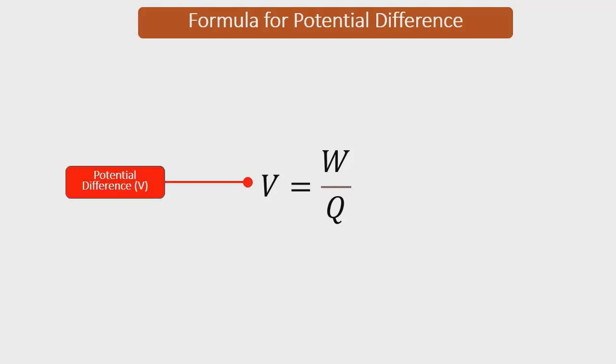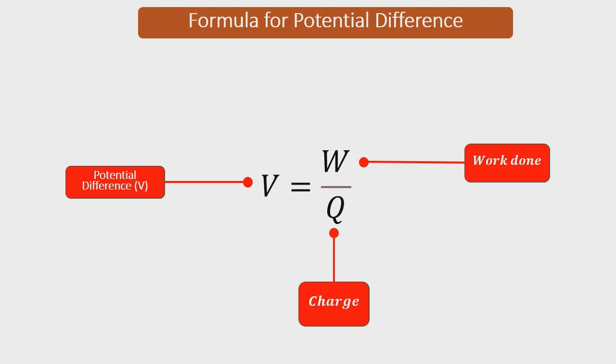So we are now going to look at the formula for potential difference, and that is given by the symbol V is equal to W over Q. And V in here is the potential difference given by the unit volt, while Q is the charge given by the unit coulomb, and work, or W, is work done given by the unit joules.